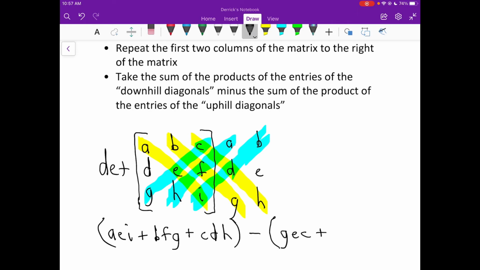So GEC plus HFA plus IDB. After you've gotten one number for your downhill and one number for your uphill, you subtract them. That's how you find the determinant of a 3 by 3.